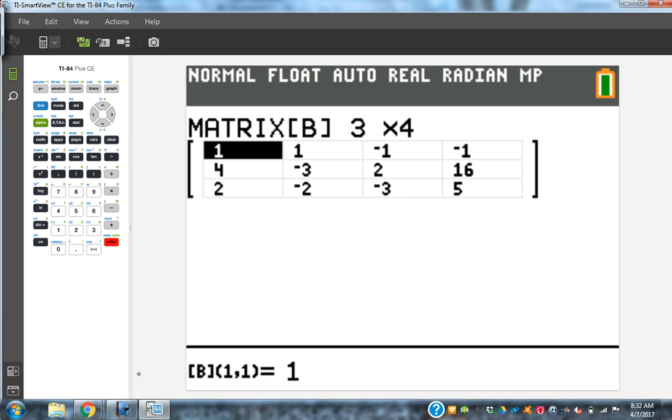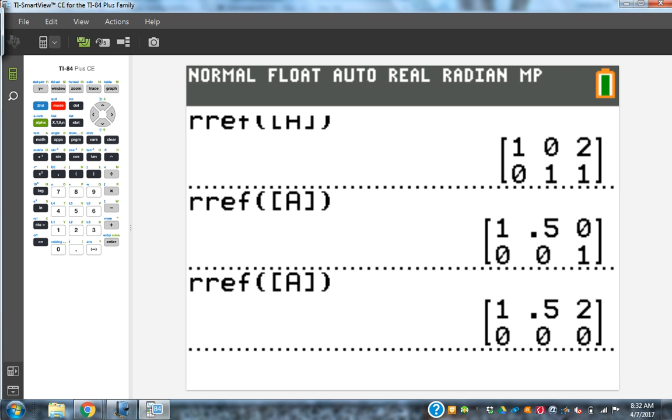Definitely go back and check. Make sure we got signs right in this one. 1, 4, 2, 1, -3, -2, -1, 2, -3. Yeah, and then -1, 16, 5. Okay, so everything's good. And then RREF.